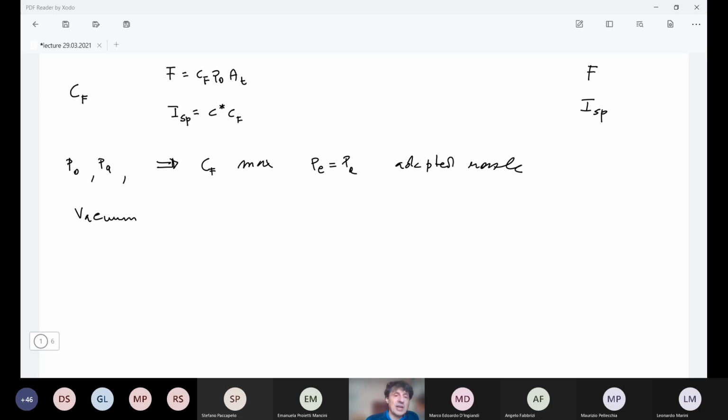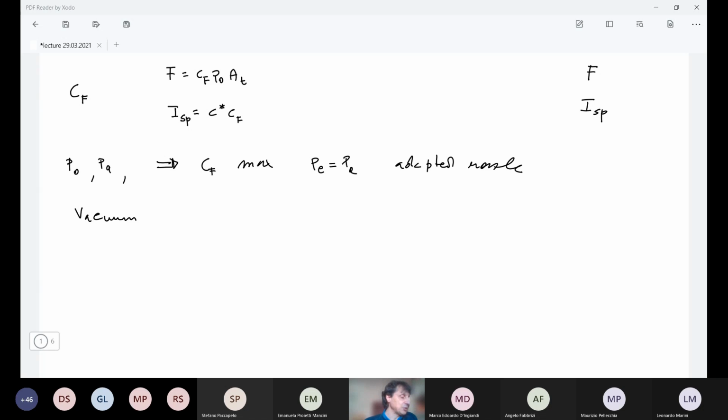We would like to get maximum thrust coefficient, so we should get as close as possible to the adaptation value at vacuum. And this is done by considering an expansion ratio and adaptation altitude as high as possible. That means adaptation pressure as low as possible.